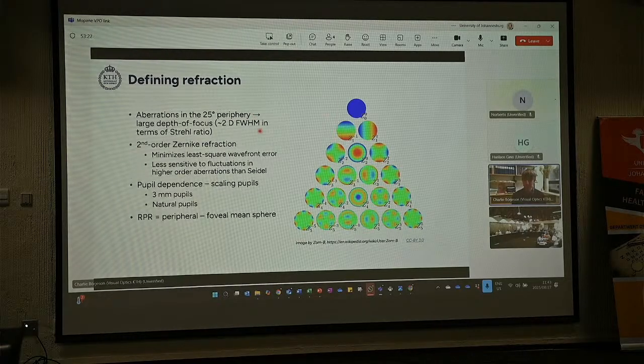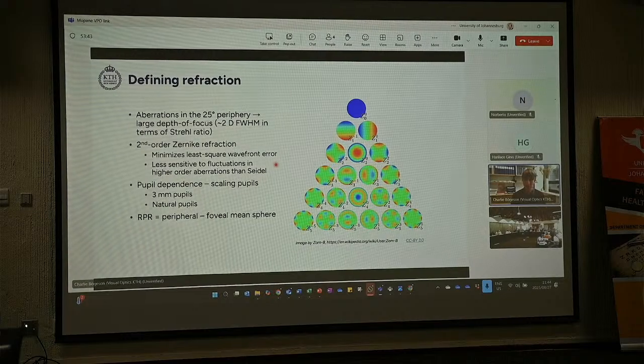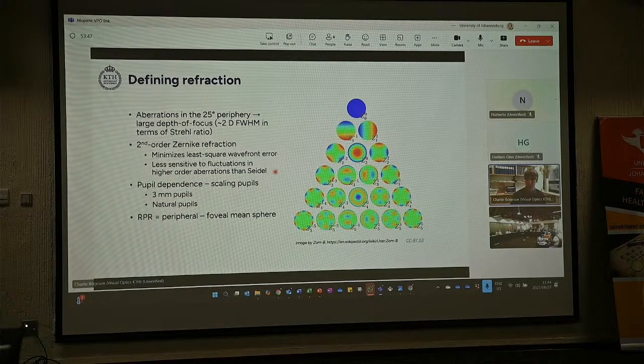But even though there's a lot of depth of focus, we still need to get a single value for the peripheral refraction, and we chose to use second order spherical refraction to define refraction, both foveally and in the periphery. We choose the second order because this minimizes the total root mean square error over the whole pupil, and because it's less sensitive to small fluctuations in higher order aberrations.